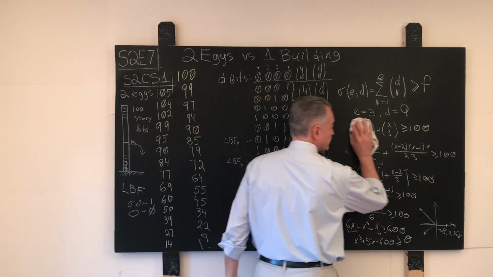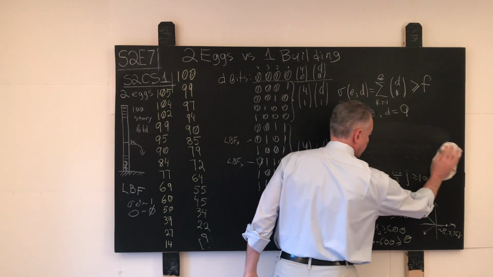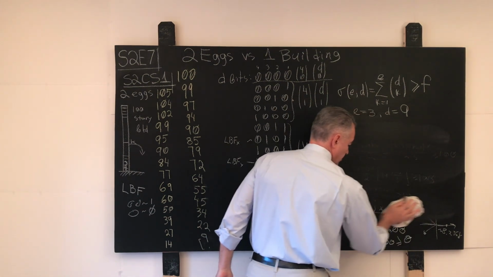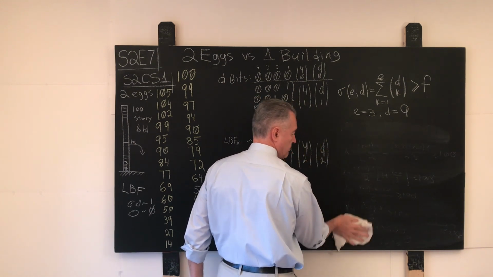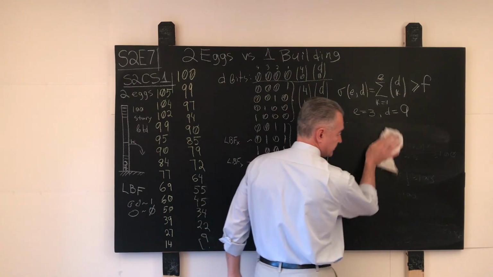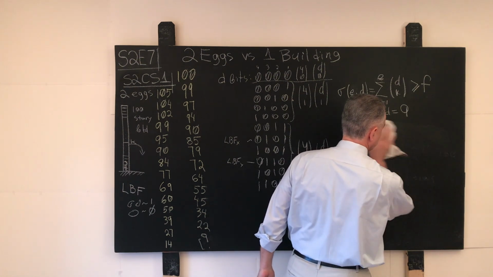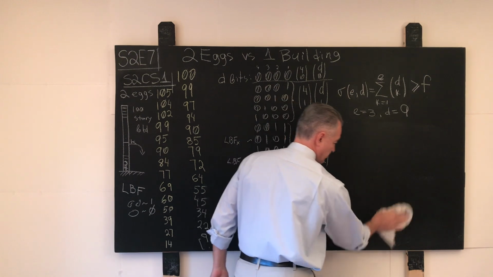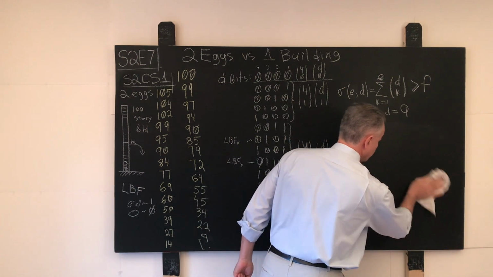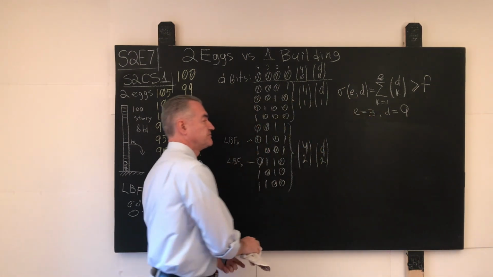And now the interesting question is the following. From which floor do we begin our 3-egg testing scenario in this case? Well, again, we reason the same way in which we reasoned before with the 2-egg case.